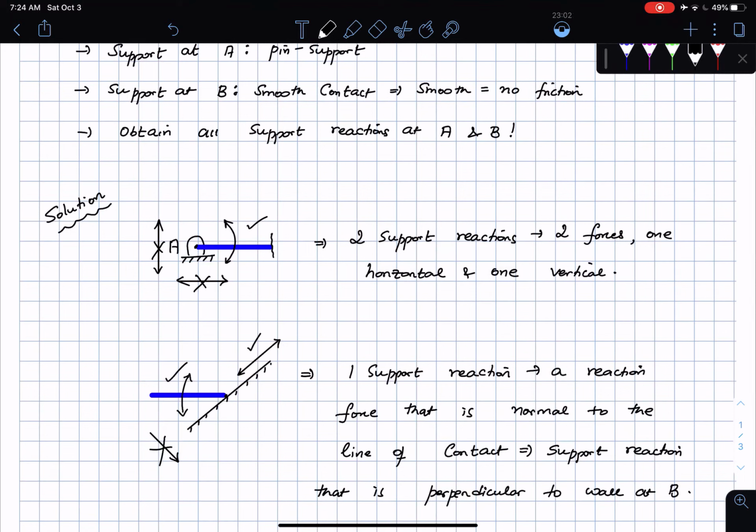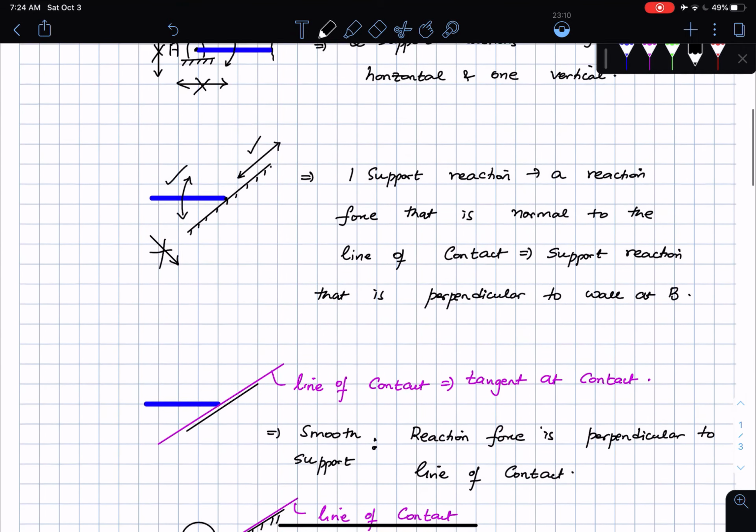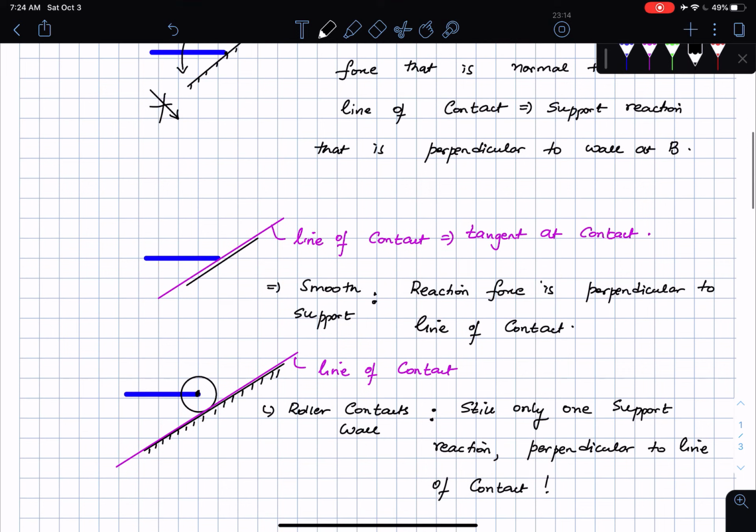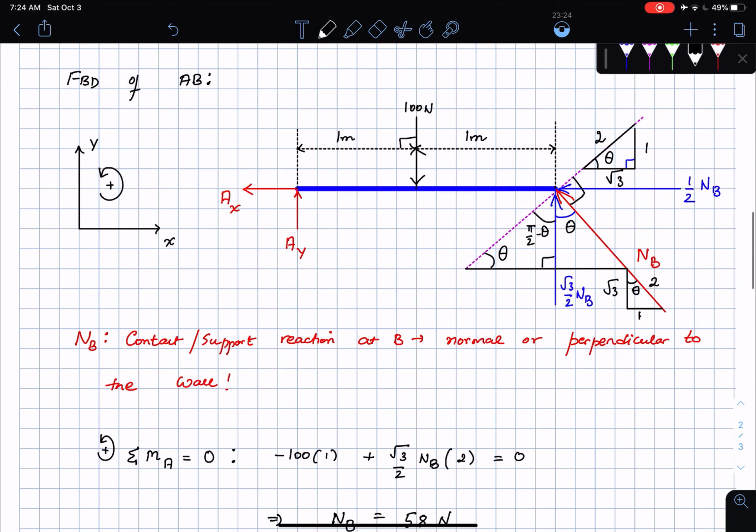Horizontal contact here, the line of contact is parallel to the wall, so the normal force is going to be perpendicular to the wall. So there's going to be one support reaction. You always want to make sure that if you have a two-dimensional problem for a single rigid body, you cannot have more than 3 unknown reactions. And so I draw the free body diagram. I choose the forces in any arbitrary x and y directions.